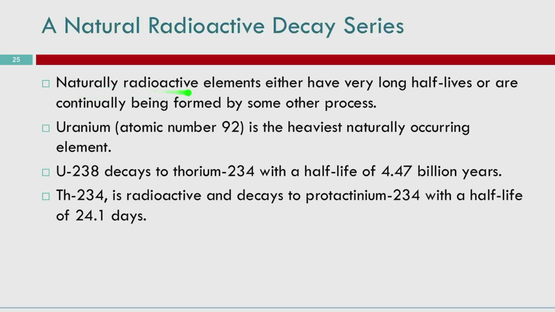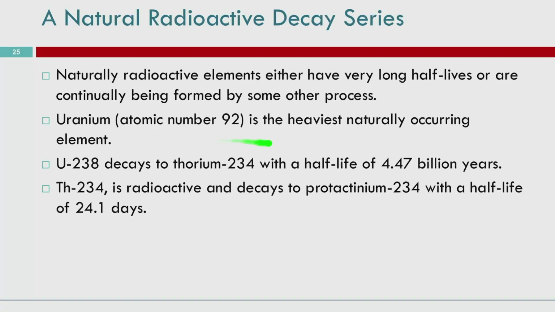And the natural radioactive elements either have a very long half-life, because everything was kind of generated one time, or they're continually formed by some other process. They're here, so they must be being formed, or they just have been around for a long time. Uranium is our heaviest naturally occurring element.